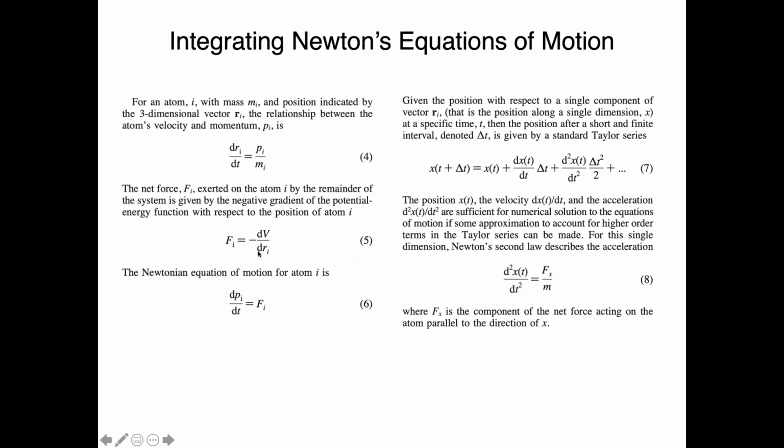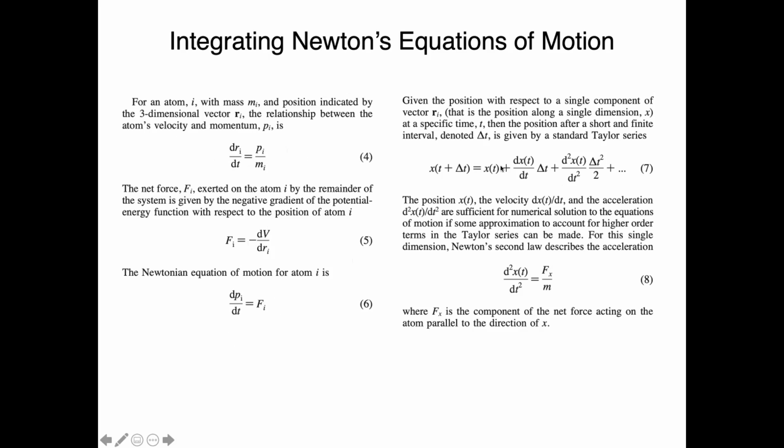Equation 5 describes the forces, right? The forces are just your negative derivative of your potential with respect to positions. And I should mention the r_i are your positions of a particular atom i. So using these two, you could rewrite Newton's equations as such.